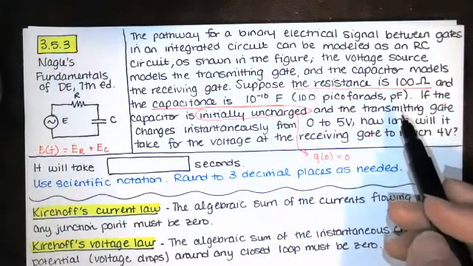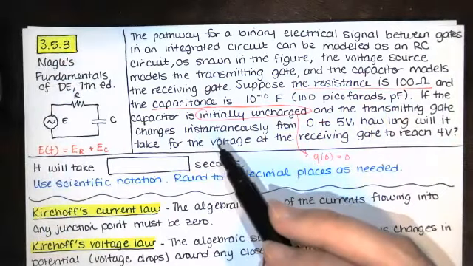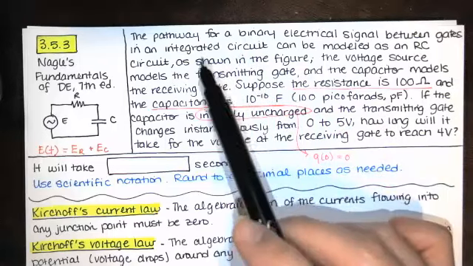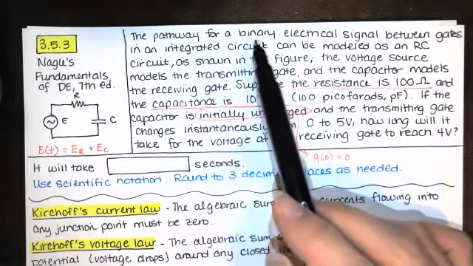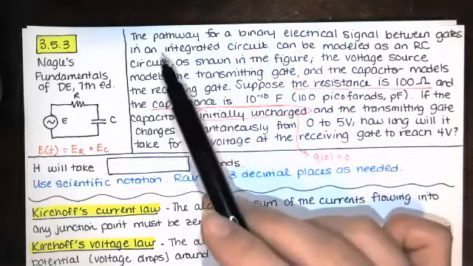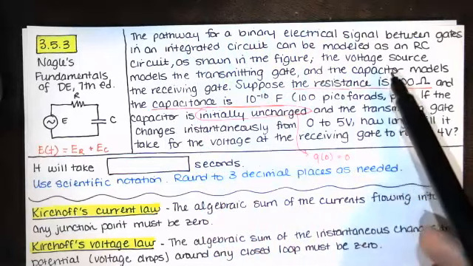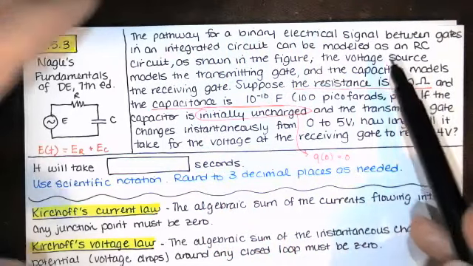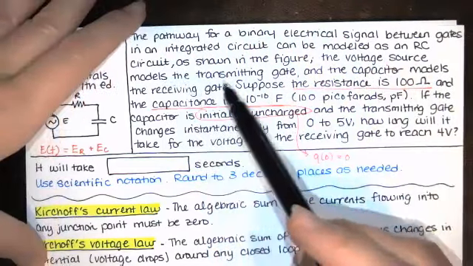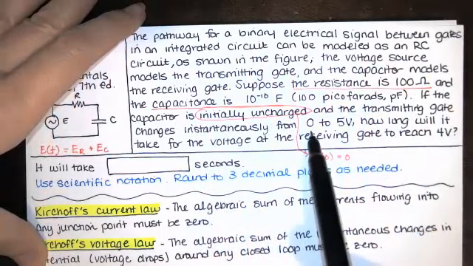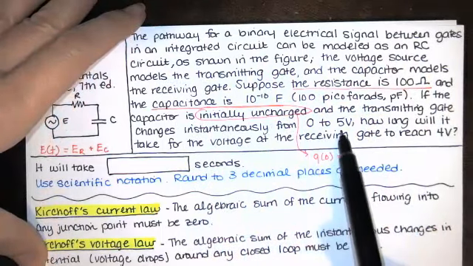And it says the transmitting gate changes instantaneously from 0 volts to 5 volts. Okay, now let's look at what they said up here. The pathway for a binary electrical signal between gates in an integrated circuit can be modeled as an RC circuit as shown in the figure. The voltage source models the transmitting gate. So it's saying the transmitting gate changes instantaneously from 0 to 5 volts.